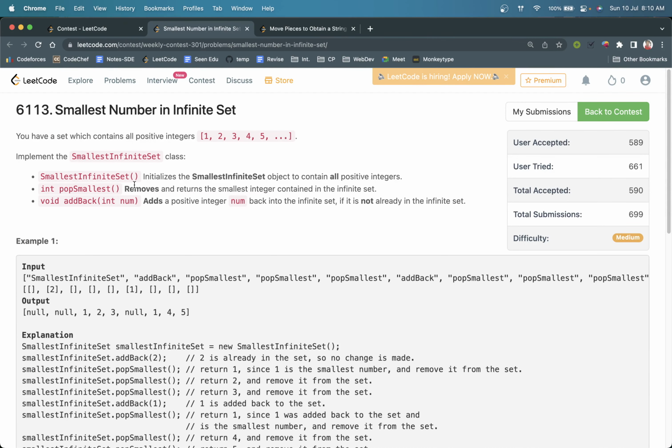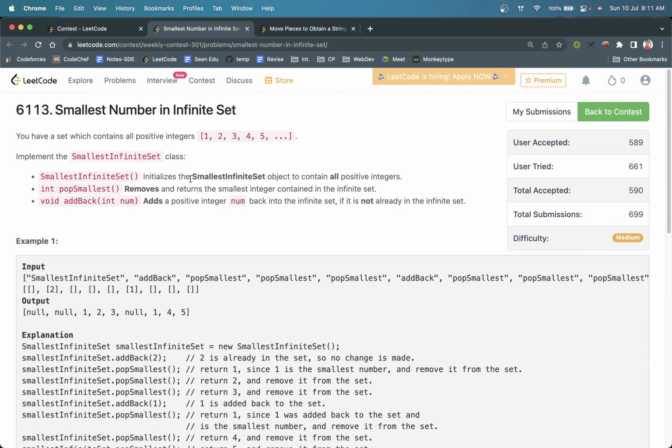Moving to the second one: you have a set which contains all positive integers. Implement the SmallestInfiniteSet class. Initialize the SmallestInfiniteSet object to contain all positive integers.